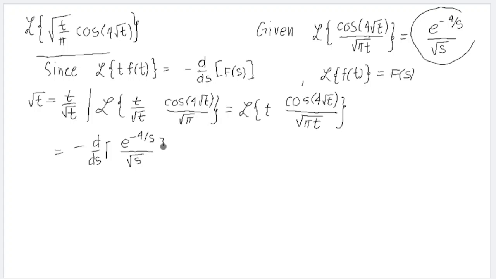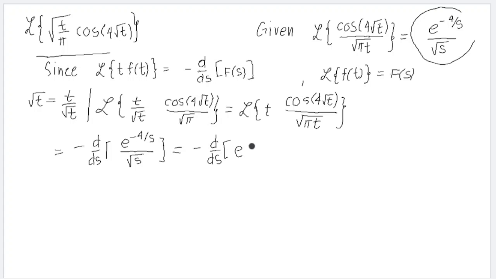Now, we can write this rational expression as the product of two terms, so that it's easier to take the derivative of this expression.